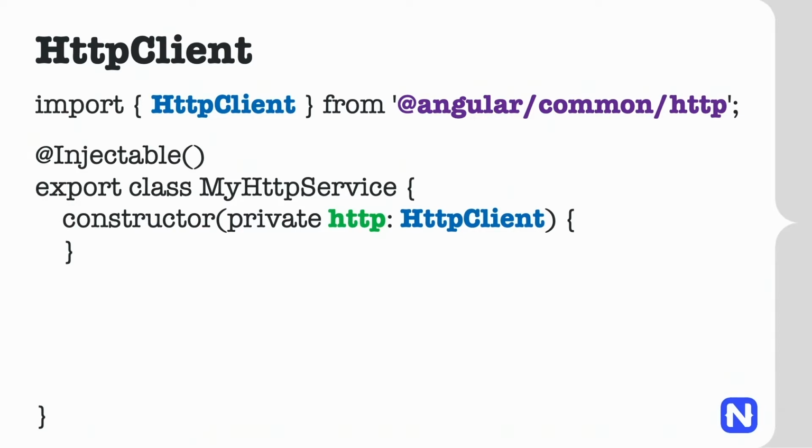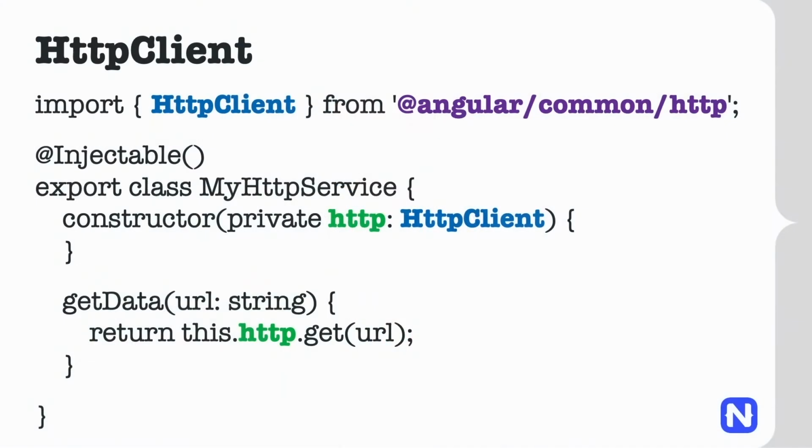But to you as a developer, it doesn't really matter because this is all handled by dependency injection for you. And then implementing the actual service where you want to, let's say, implement get data, you could very easily just do this.http.get, pass in the URL, and you're good to go. But you don't have to write this service twice. It's just one service that will work on your iOS application, your Android application, your web application, which is really, really handy.